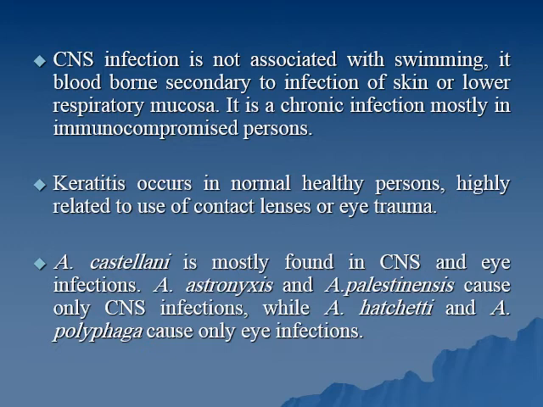But Acanthamoeba astronyxis and Acanthamoeba palestinensis can cause only CNS manifestations, while Acanthamoeba hatchetti and Acanthamoeba polyphaga cause only eye infection and don't affect the intestine. So you can eat from them.